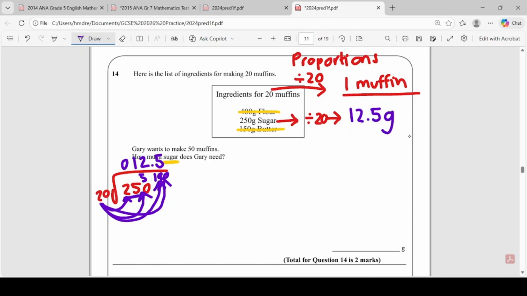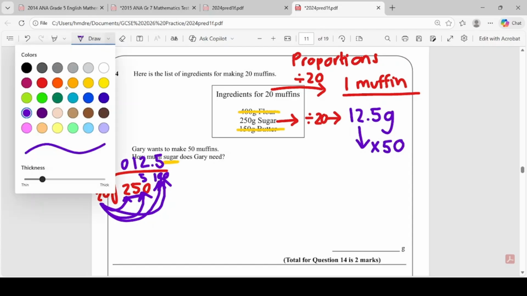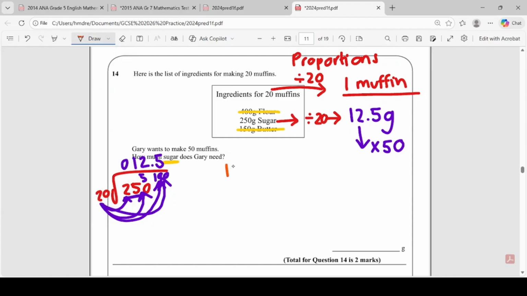And then it's pretty straightforward to go to 50 muffins. So if I want to go to 50 muffins, I'm going to just times that by 50. And again, they are testing if we can multiply with decimals. So let's set this up. We are going 12.5 times 50.